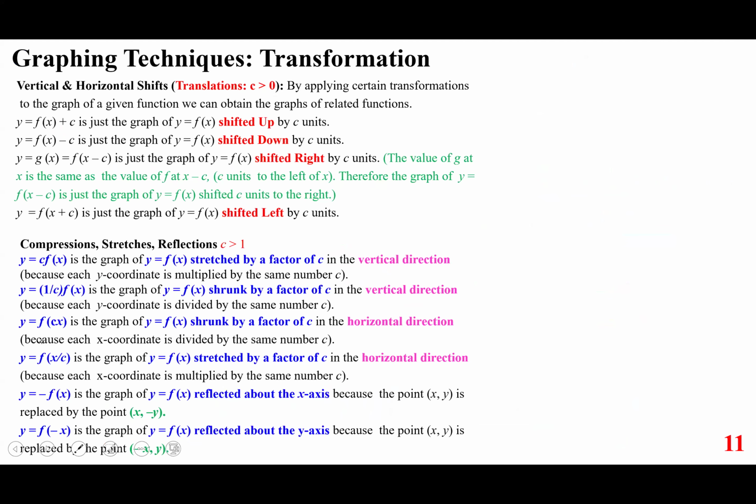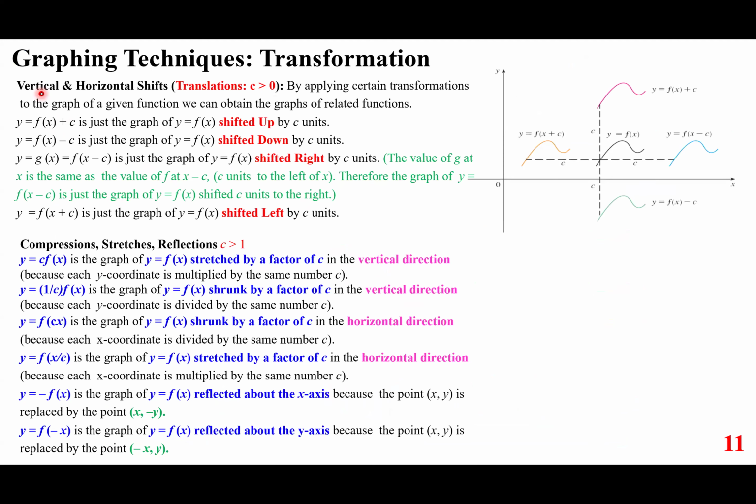All right, let's switch gears to graphing techniques, transformations, and here's the synopsis of that. Vertical and horizontal translations. We look at this graph, the function y equals f of x, and we are assuming c is a number which is positive.